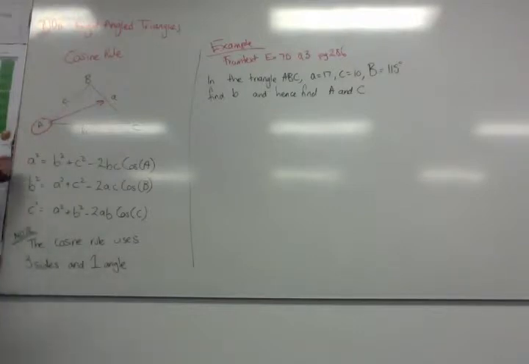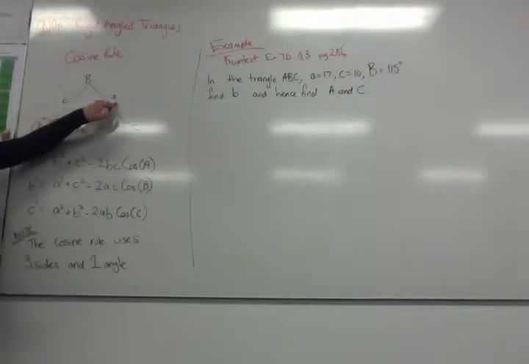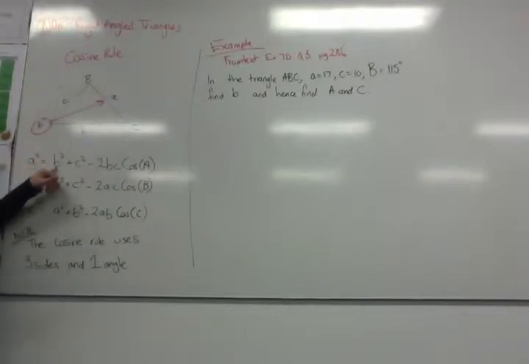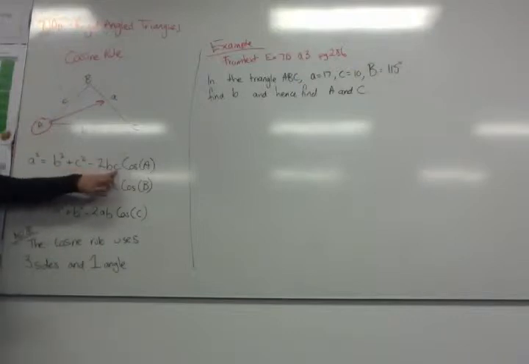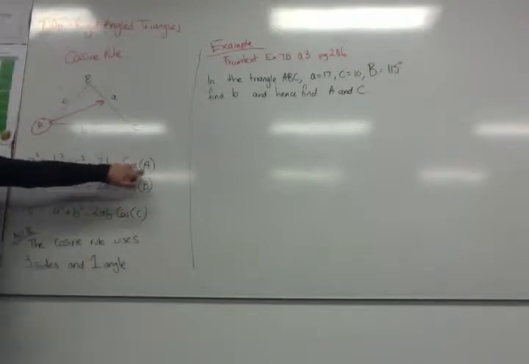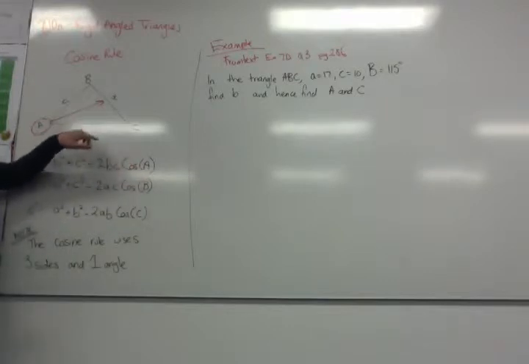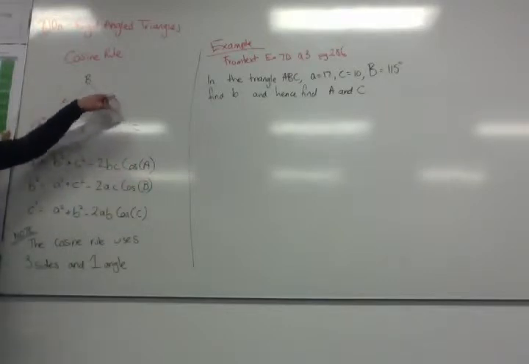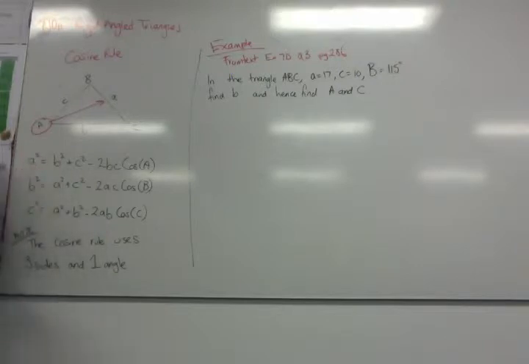So this is the cos rule: a squared, this side here, is equal to b squared plus c squared, so the other two sides squared, minus 2 times both of those sides multiplied by the cos of that angle. So you need 3 sides and an angle to find an unknown. That's the rule.